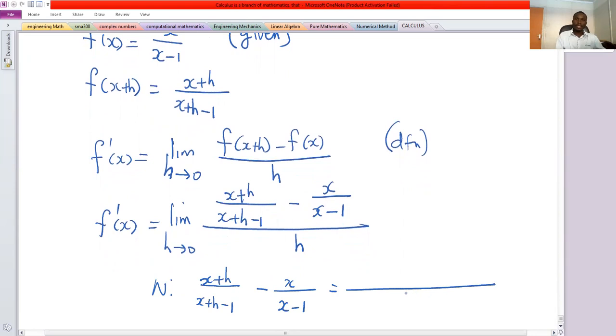So let's put this under one denominator. So we have x plus h minus 1 times x minus 1. So we'll have x plus h times x minus 1 minus x times x plus h minus 1.